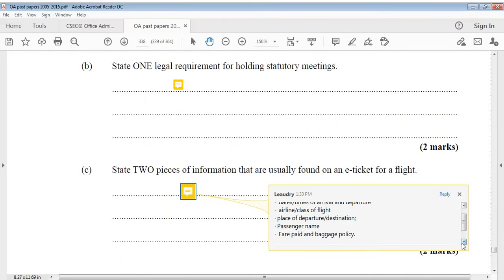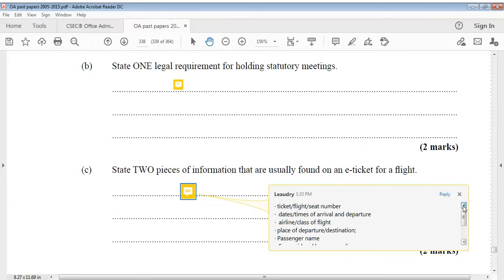We'll find the passenger name. 5, and we'll find the fare paid and the baggage policy. All of those you would find on an e-ticket for a flight. So any two from these would give you your full marks. You'll get 2 marks.